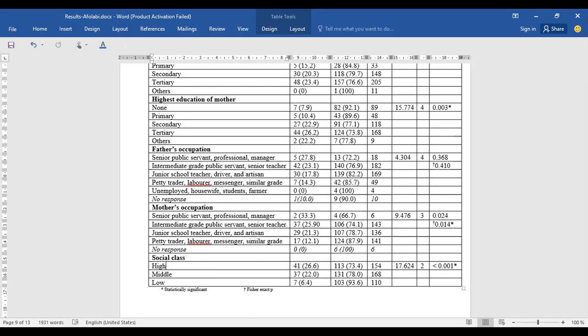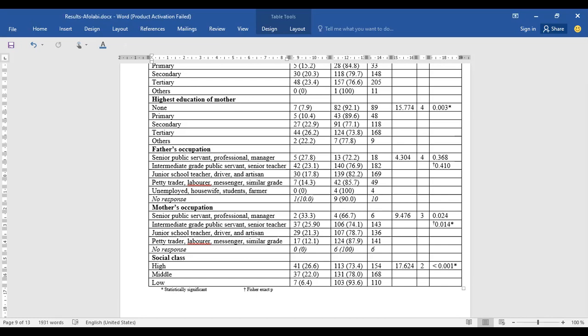For the occupation of mother, you will see that as you move from higher up, the intelligence is higher: 33.3% of children of senior public servants, professionals, managers are more likely to have optimal intelligence, followed by the next step. So as the level decreases, the proportion of optimal intelligence increases.